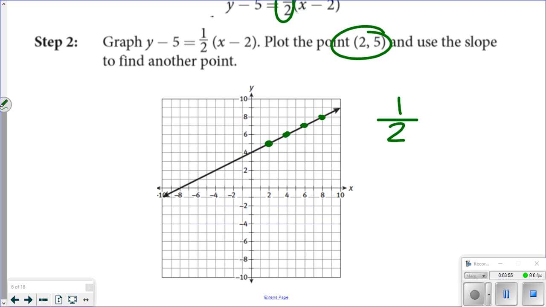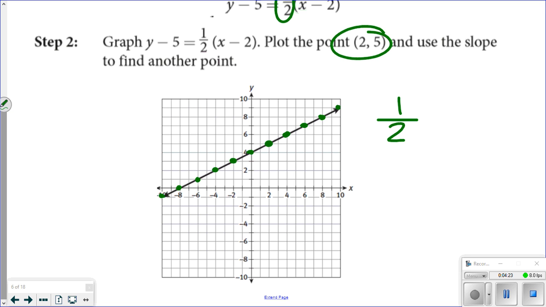Now, let's go back to our original point that we plotted, this 2, 5, and we're going to go down 1 and over 2 spaces to the left. And we're going to plot another point. Down 1, over 2 to the left, down 1, 2 to the left. And we would put as many points on this graph as we can.